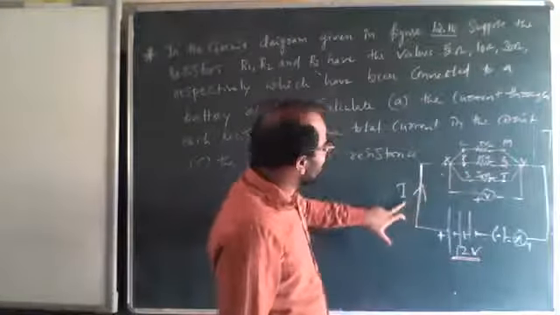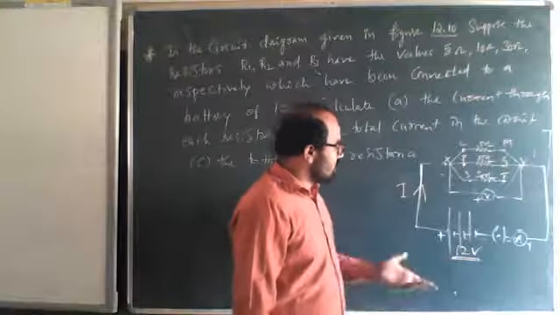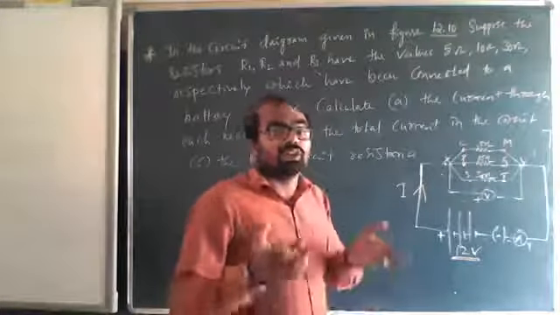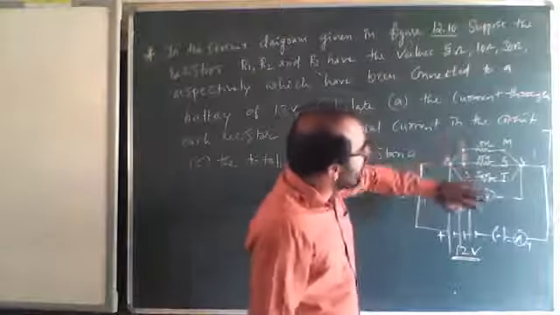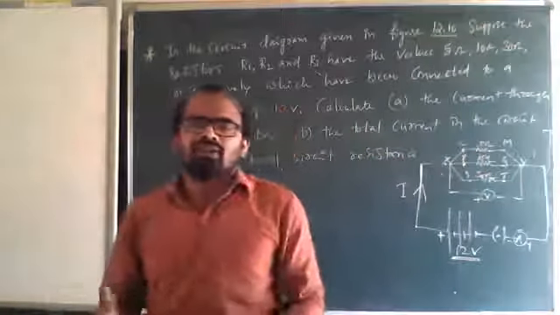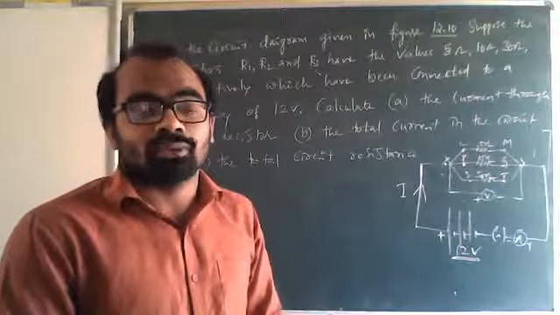When you find I, it is easy to find the total circuit resistance. How will you find it? By using the formula V equal to IR in one way, or in the other way, 1 by Rp equal to 1 by R1 plus 1 by R2 plus 1 by R3. The same answer will come in both methods.